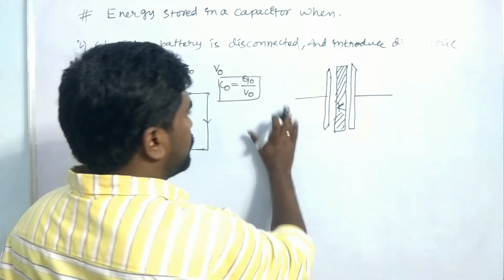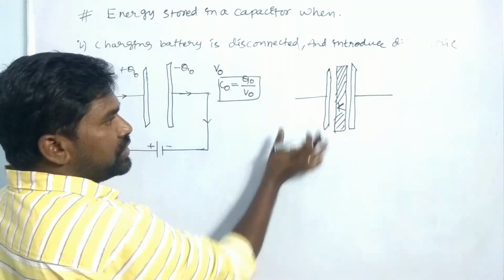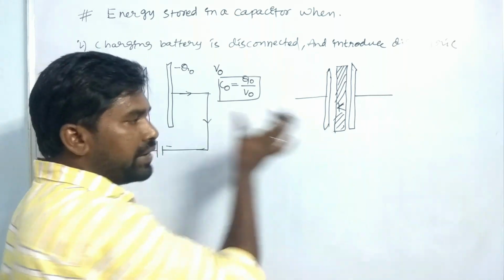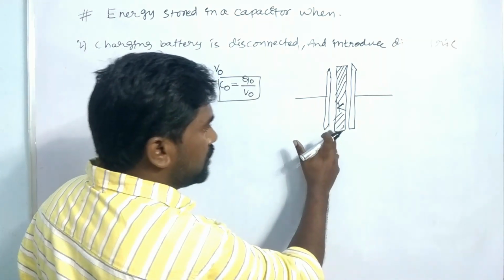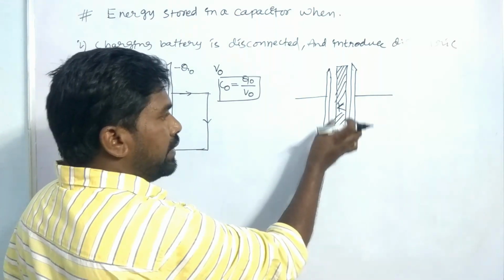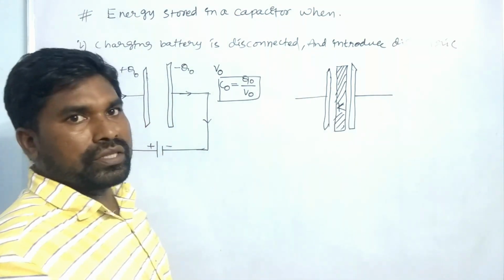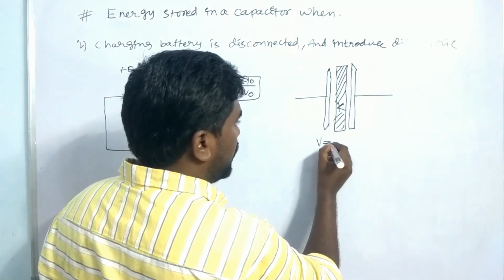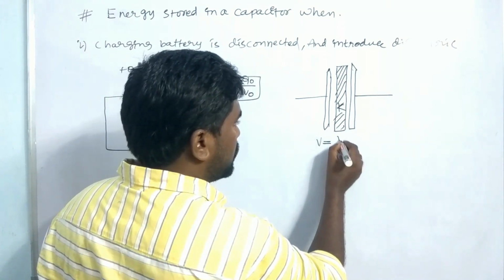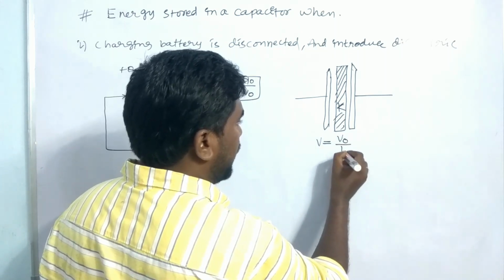So here, when the battery is disconnected from the circuit and we introduce the dielectric between the two plates of a capacitor, we have already seen that the potential of the capacitor decreases by K times.